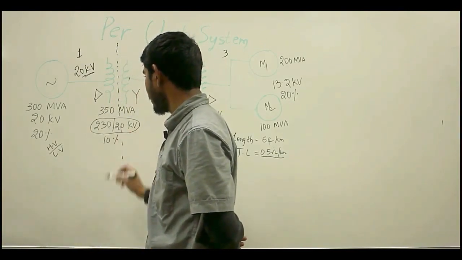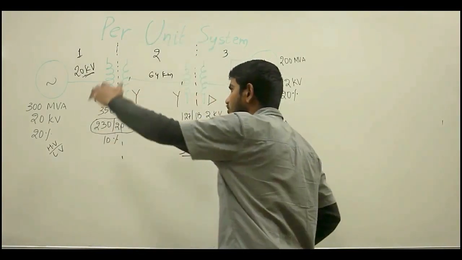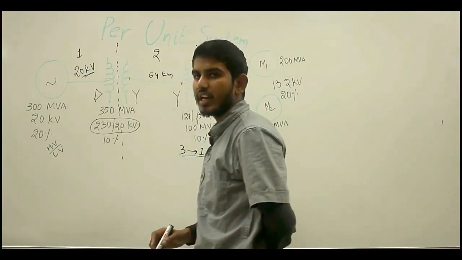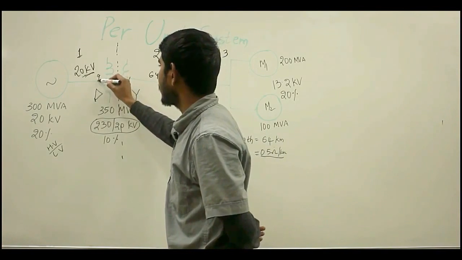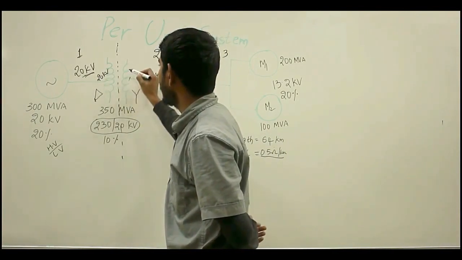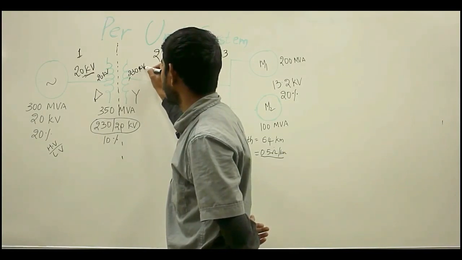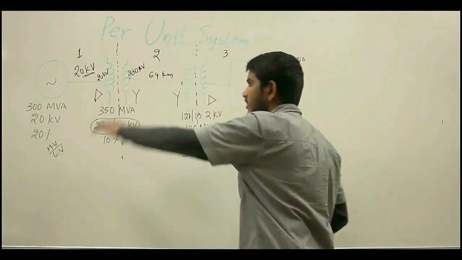Generally on the generating side I am having a step up transformer, so here I am having 20 kV and here 230 kV. Thereby it will be your step up transformer.